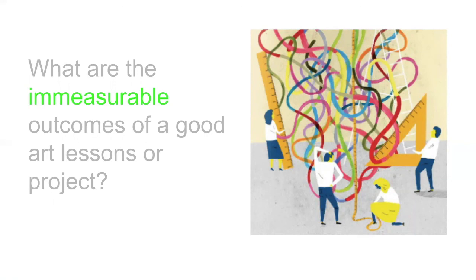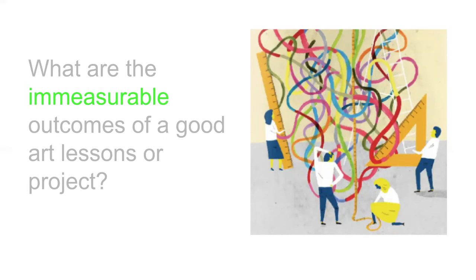So well-being is often one of those immeasurable outcomes of a good art provision. Behaviour, often students find art as a kind of calming or therapeutic subject. So these are immeasurable things that we might not be able to quantify, but we can witness and see.